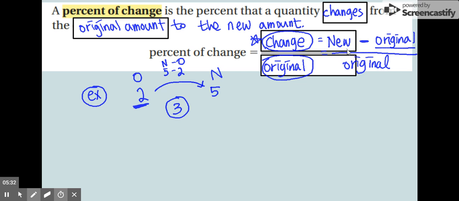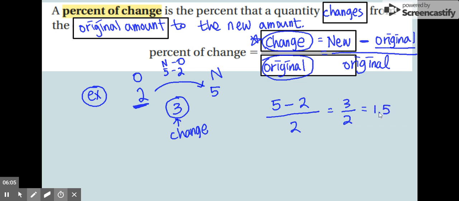This part you have to try to remember. So if I find the percent of change, I just found the change, right? This is the change because 2 is changed to 5, so it's increased by 3, right? So now I'm going to put new minus original and compare this to original, which is 2. If I simplify this, it's going to be 3 over 2, which is 1.5, right?